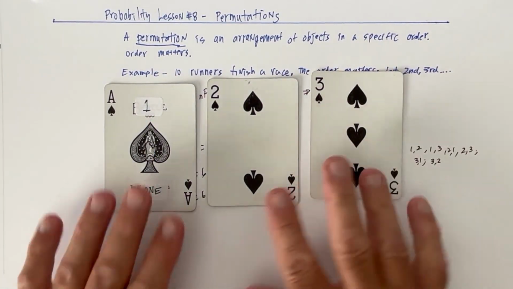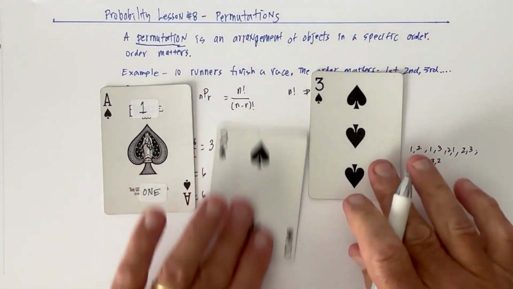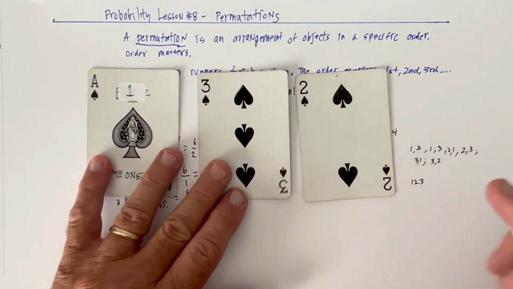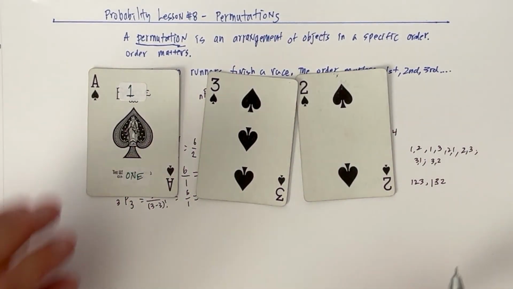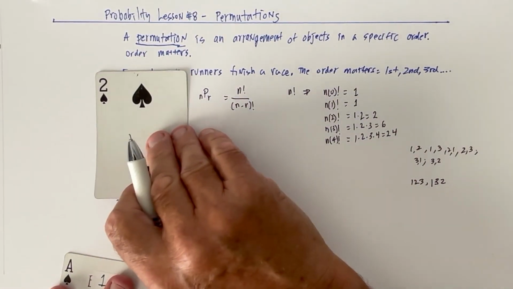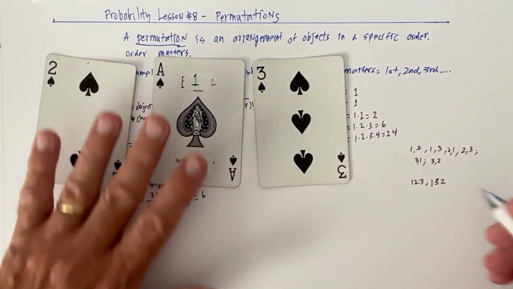Well, there's the first way, 1, 2, 3. And then we have 1, 3, 2. Now let's put the 2 in front. Now we've got 2, 1, 3.